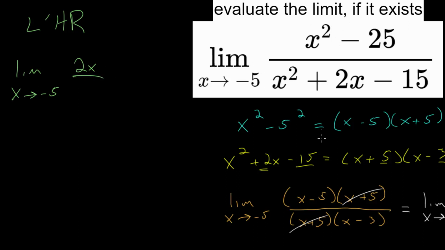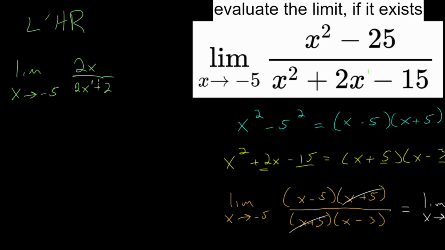And for our denominator here, we again will bring the 2 down and subtract that exponent by 1. 2 minus 1 is just 1. And we'll do the same thing for the linear term. We bring the 1 down in front, and we subtract that exponent by 1. It becomes a 0, and x to the 0 power is just 1. So we have 2 times 1, and the derivative of this constant here is just 0.